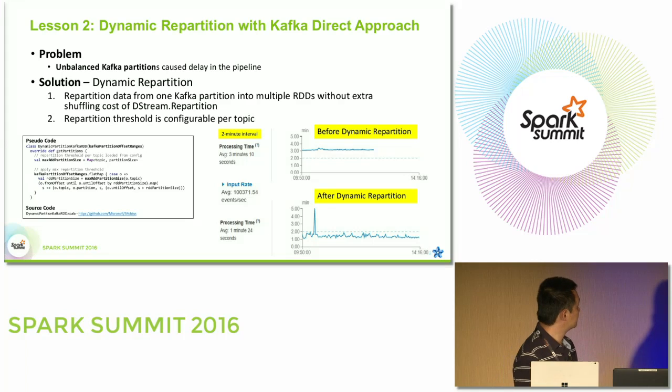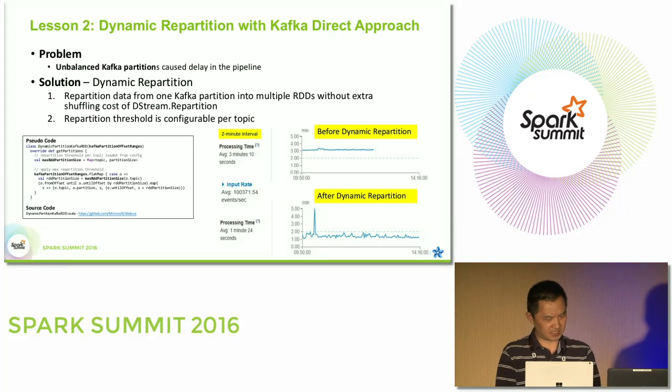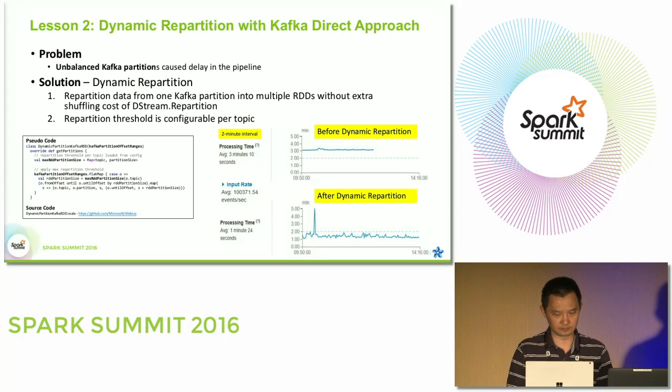The first performance issue we faced is that unbalanced Kafka partitions cause delay in the pipeline. We use the direct Kafka approach to fetch data from the Kafka queue. As you know, in Spark streaming, Kafka RDD generates only one RDD partition for one Kafka partition.